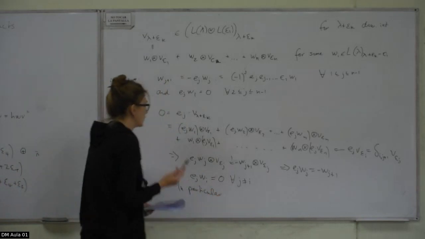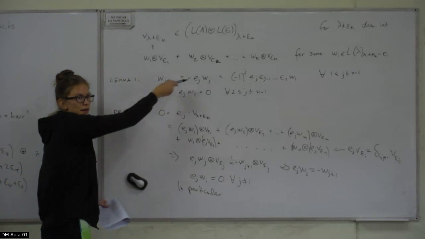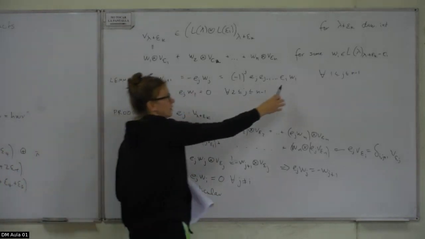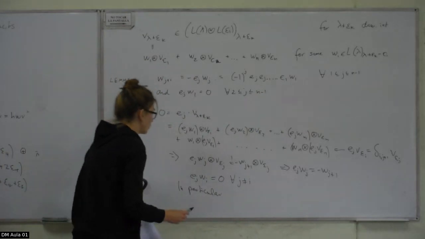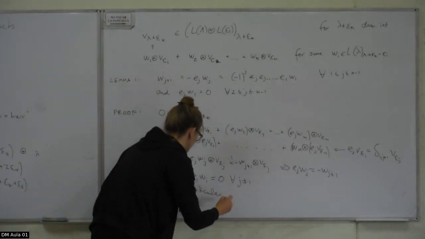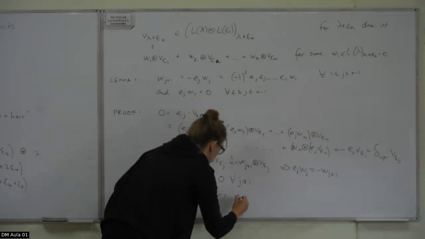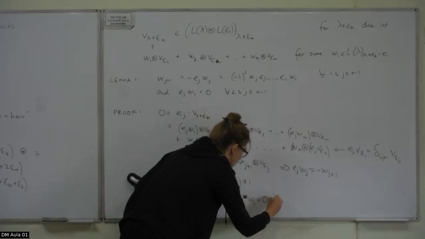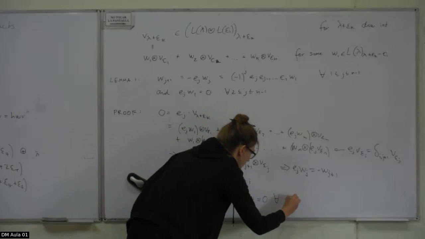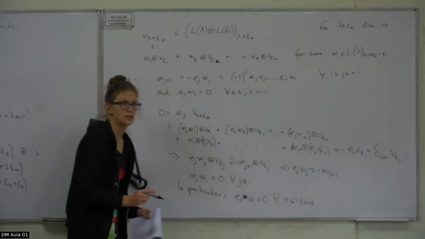W1 is the only guy we don't know anything about so far, because we just know that all the other higher W's are basically all stemming from the W1. But the W1 has also some characterization, which is that E_i W1 is 0 for all i between 2 and n-1.